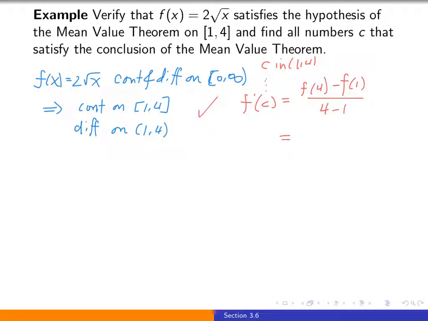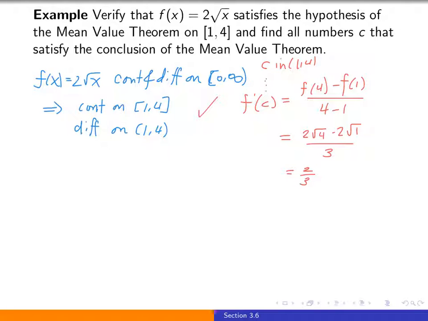So f prime of c is going to be equal to 2 square roots of 4 minus 2 square roots of 1 all over 3, which is equal to 2/3. So we need to find all values of c that will satisfy this equation.